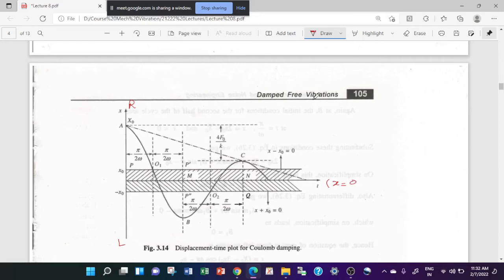So you have seen that, and this is the one when x has been displaced by x naught. This is your x naught here. So we are displacing the x-axis by x naught here. So this represents the cosine curve about this axis.